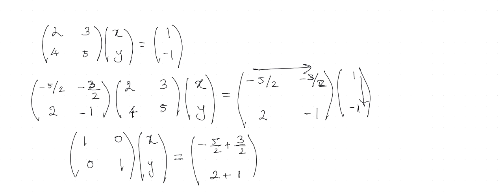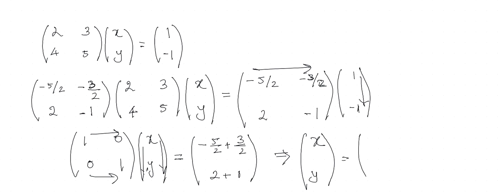So this leads to x, y. If you multiply this with this, you get only x, and if you multiply this with this, you will get only y. That's why I into anything will be that A. So x and y are explicitly solved as the other side values, minus 1 and 3.